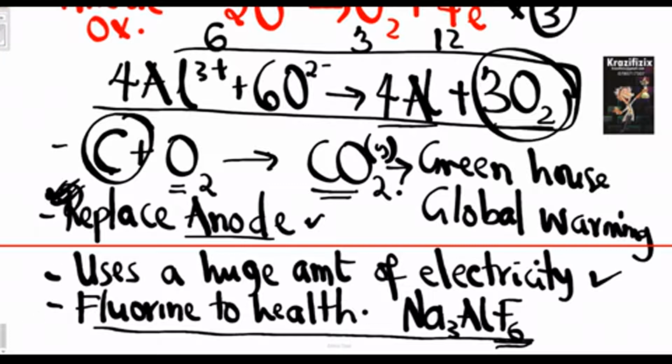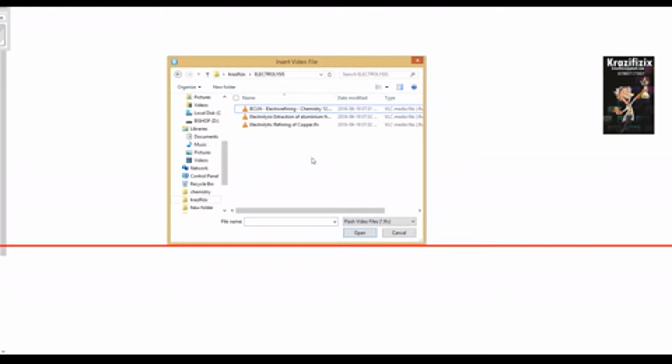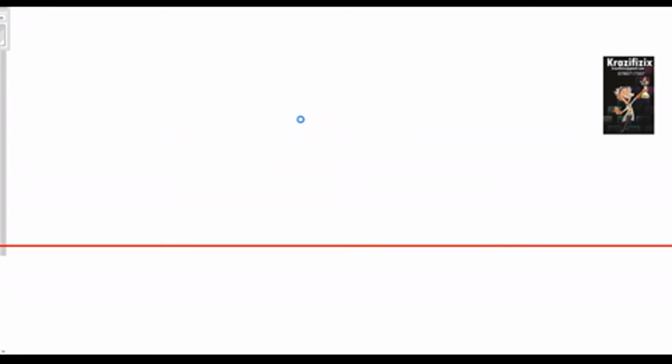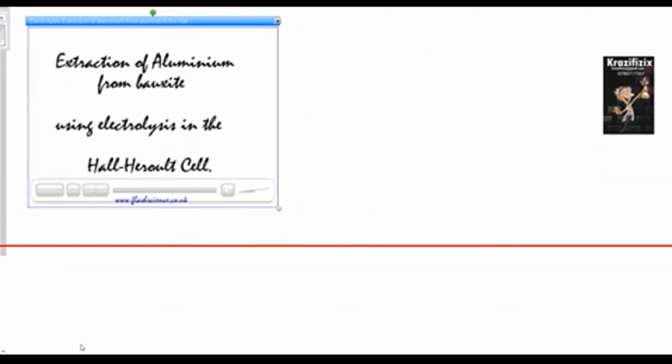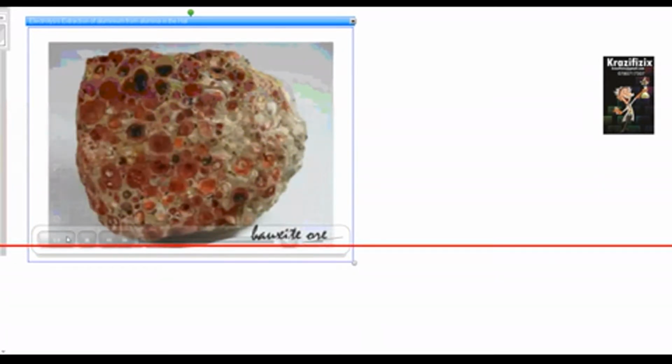Let's try to see something interesting here, just to probably buttress what we've been talking about. All right, this is the extraction of aluminum, the Hall-Héroult process.